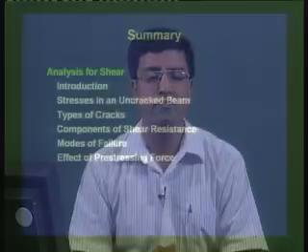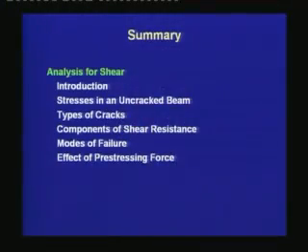Now, next we moved on to the effects of prestressing force. What we found is that when there is a prestressing force, there is an additional normal stress at the level of the neutral axis, which is compressive. It influences the principal stresses and their inclination.